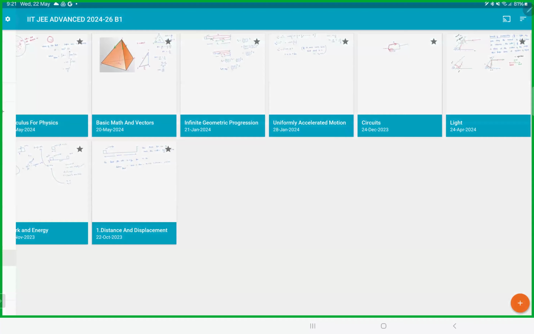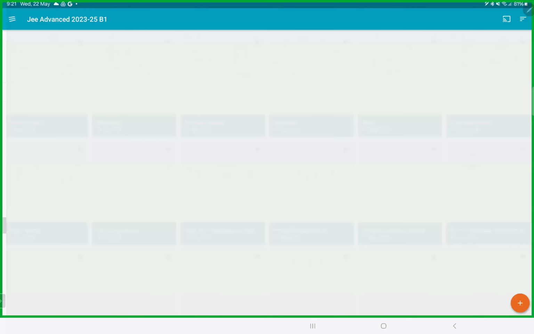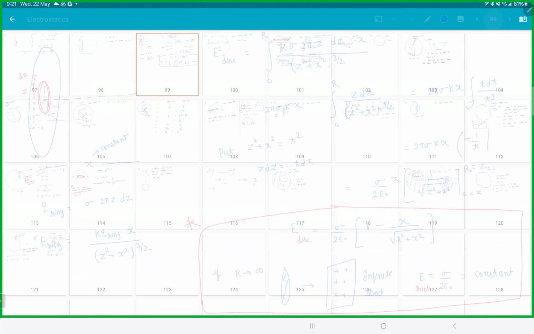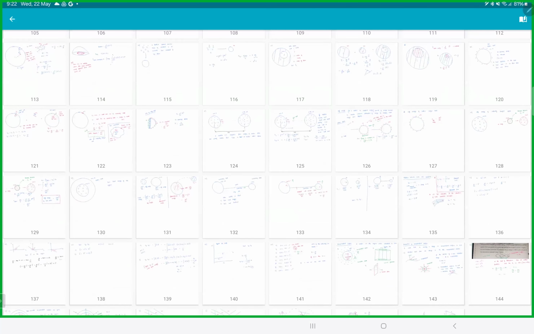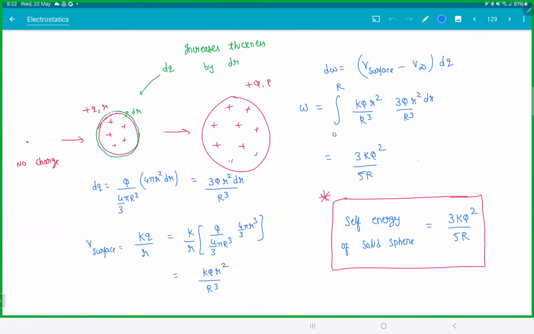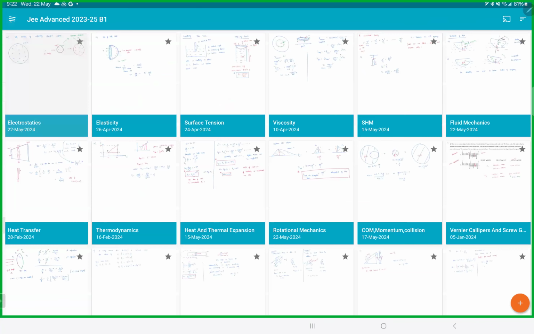This we did today only, before your class. I was teaching them the same thing here. We are taking a small volume here, 4 pi r square dr. You can see. So here I wrote, see the green one, the thin shell. So this will be the idea there. The problems will be more complex, but the idea starts from here.